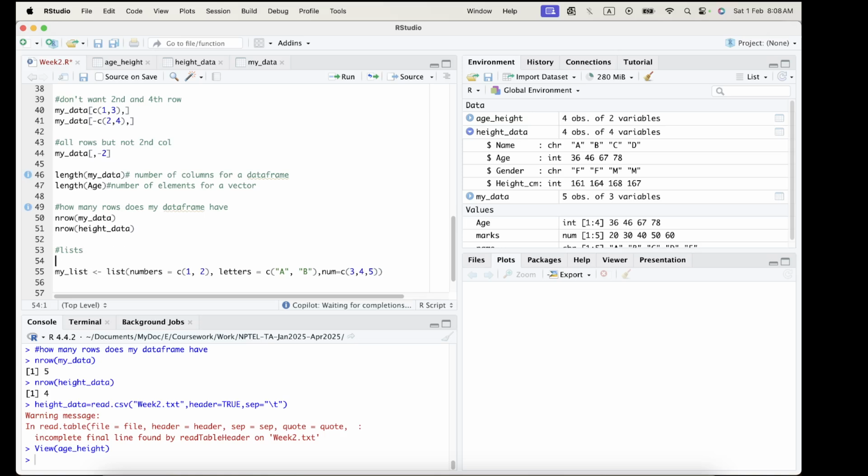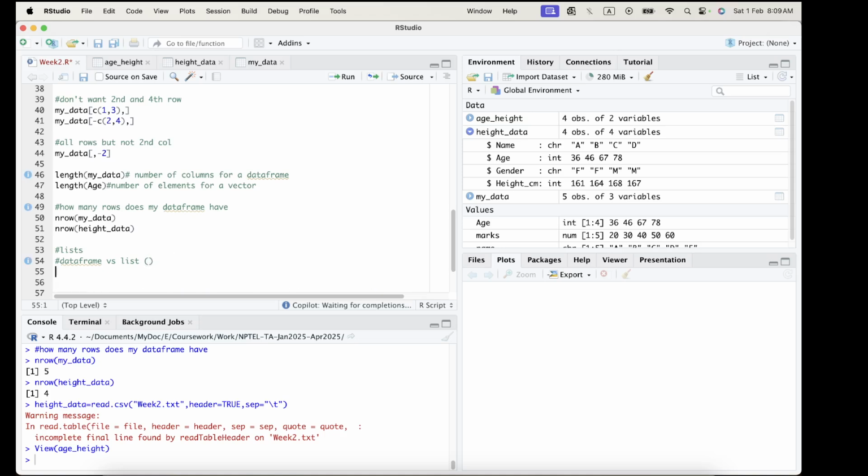So the difference between a data frame and a list is that in a data frame, all the columns that you have should be of the same length. It can differ by type, but it has to be of the same length.